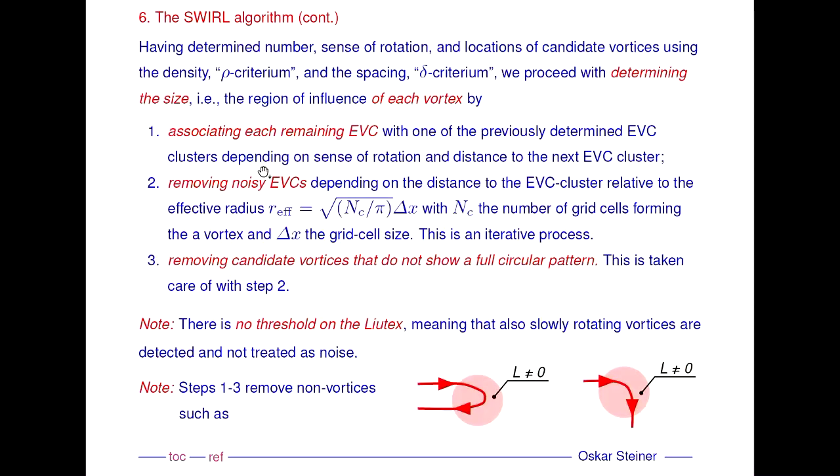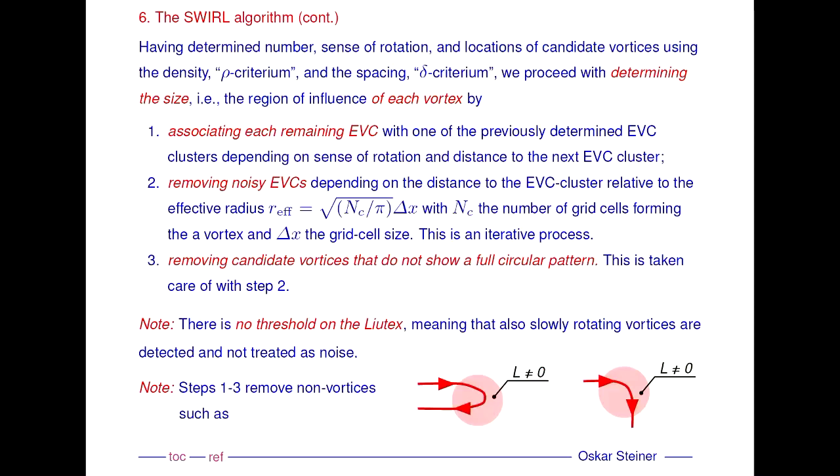Then in this algorithm, I should say, there are some parameters involved. But we never apply a threshold on the Liutex, which is important because if we have a very slowly rotating vortex, then we still find a cluster of vortex centers. We do not remove any, but nevertheless, the whole algorithm has, of course, some free parameters.